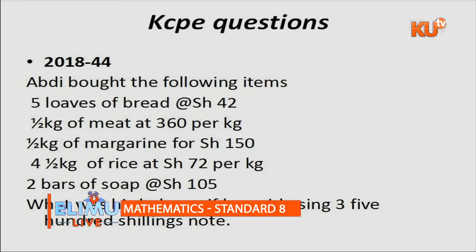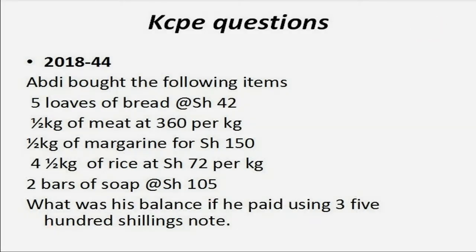What was his balance if he paid using 3 500 shillings notes? We go to the question, we calculate, and see what those who sat KCPE 2018 were required to do.